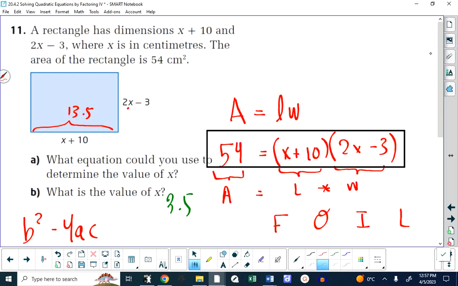Excellent. You get 4 here. Let's check something out. Is 13.5 times 4 giving you an area of 54? Yep. You don't need to check. If you're confident in the math, you're done. But anyway, that's the answer to 11.